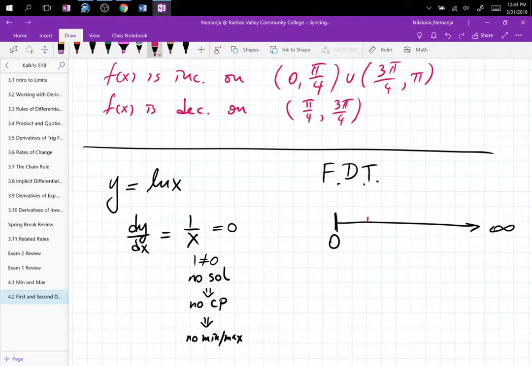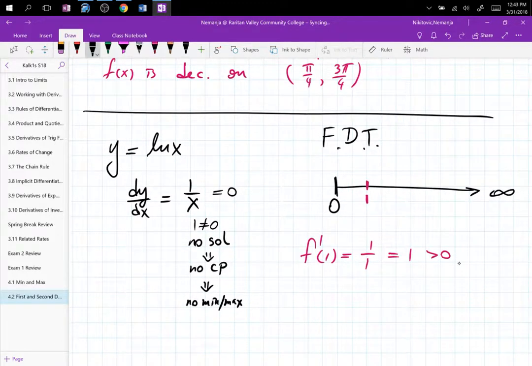Pick a test point, hopefully 1. You can pick any number. And then f prime at 1 is 1 over 1, which is equal to 1, which is larger than 0. So one single partition for ln, and it's increasing.